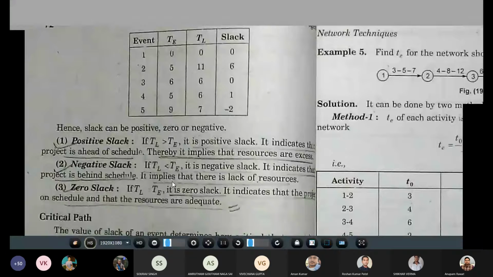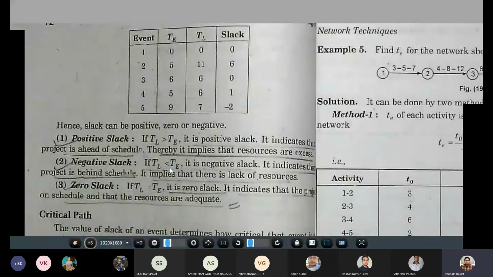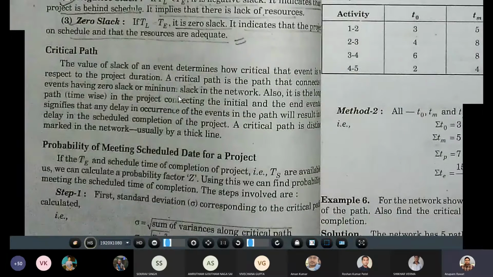Next is the critical path. The critical path is a very important phenomenon in the network.